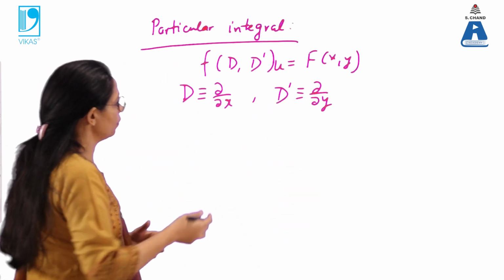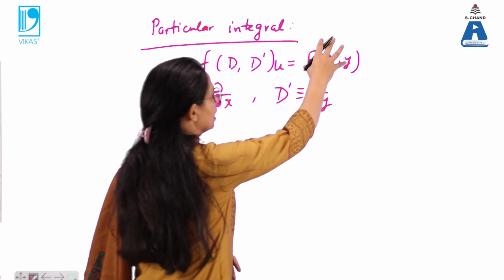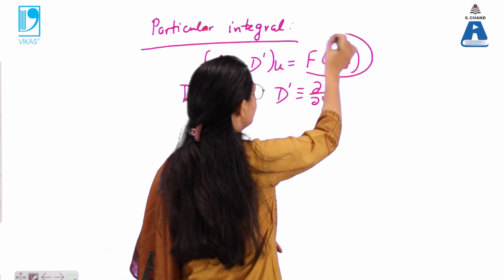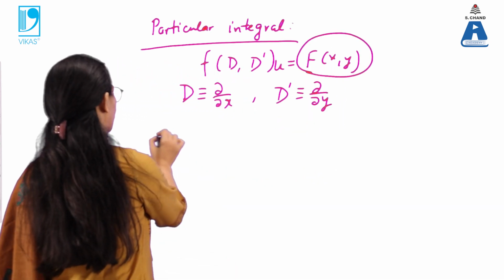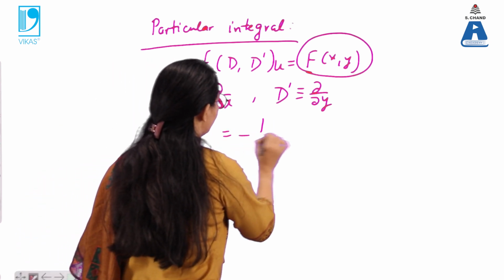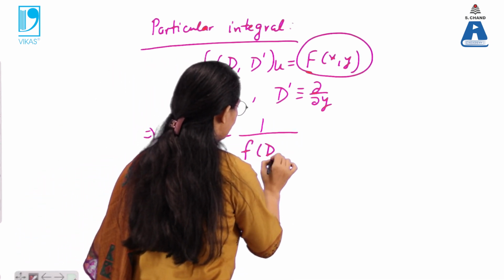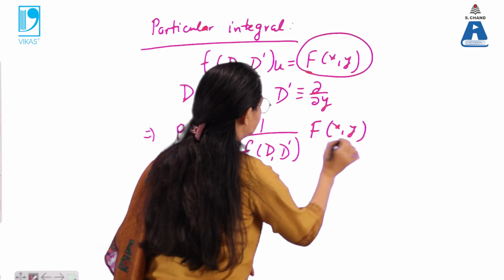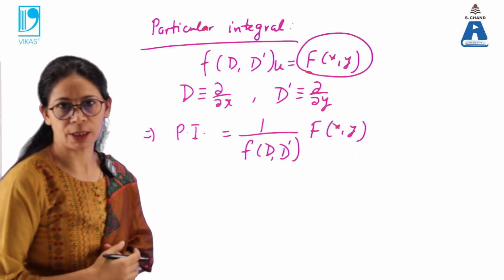Now, the complementary function corresponds to the part when this f(x, y) was 0, and the particular integral is when this f(x, y) is there in the differential equation. Therefore, the particular integral will be written as 1 over f(D, D') acting on f(x, y).